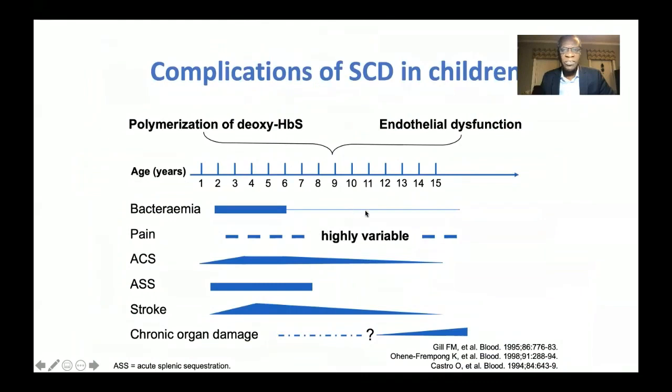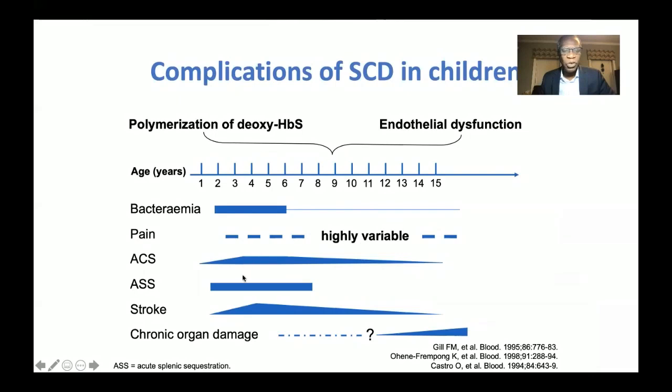Complications of sickle cell disease in children, therefore, could be seen as a combination of polymerization of deoxyhemoglobin and endothelial dysfunction in addition to hemolysis. And across the age spectrum, one can see that in early life, the main danger is bacteremia, particularly invasive pneumococcal disease. Pain is highly variable throughout early childhood and adolescence. Acute chest syndrome is a life-threatening complication.